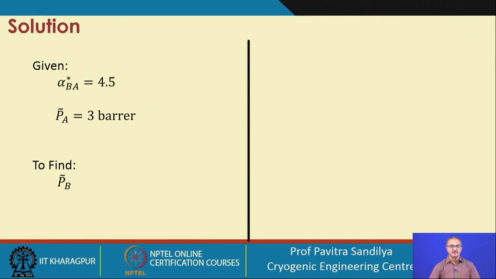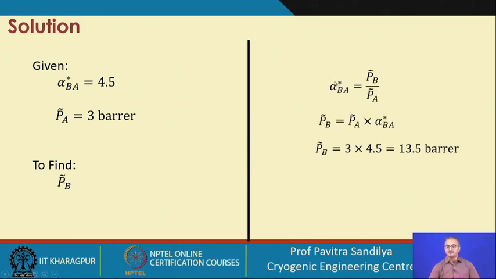Here, we first write what data are given to us, and then what we need to find out. Then we go to the definition of the ideal separation factor, in this case alpha BA star, which is the ratio of the permeabilities.